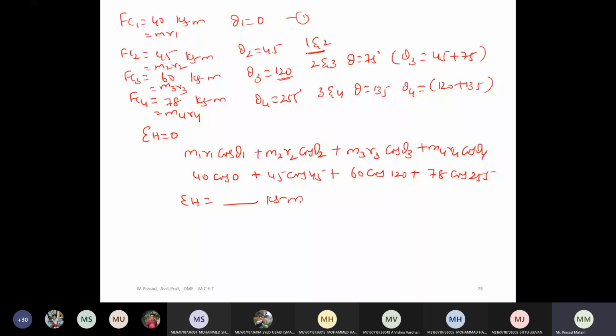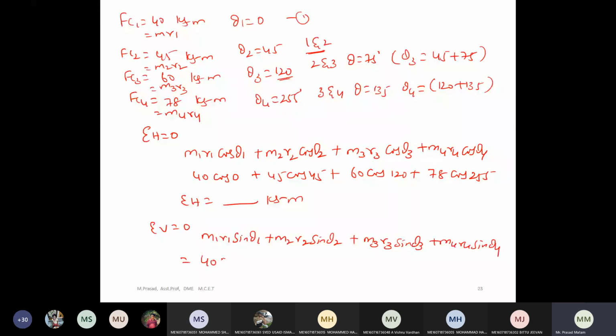In the meanwhile, let us solve for the vertical forces. That is given as M1 R1 sin theta 1 plus M2 R2 sin theta 2 plus M3 R3 sin theta 3 plus M4 R4 sin theta 4.